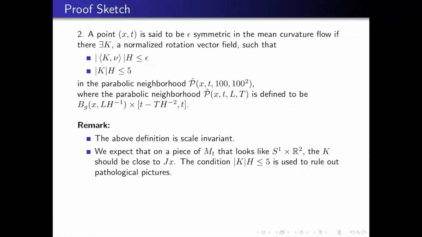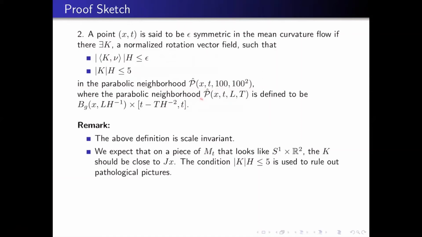Next, we would define a point in a mean curvature flow solution to be epsilon-symmetric as follows. If there exists a normalized rotation vector field such that it's an almost Killing vector field, to be precise, it's epsilon-Killing, or the normal part is very small, and then the rotation axis isn't too large, and these conditions should hold in a fixed large parabolic neighborhood.